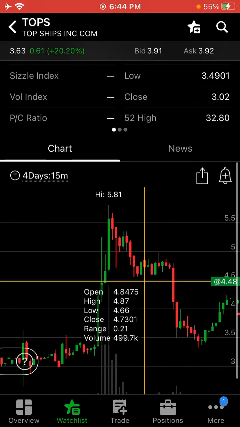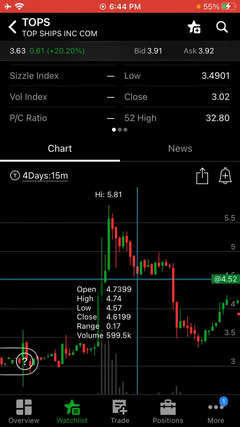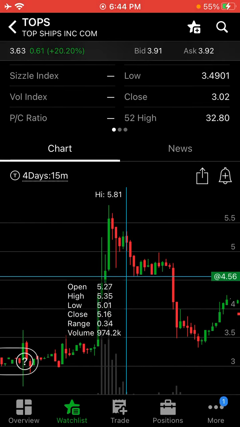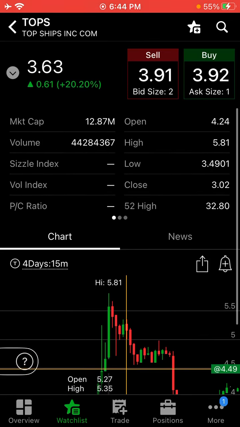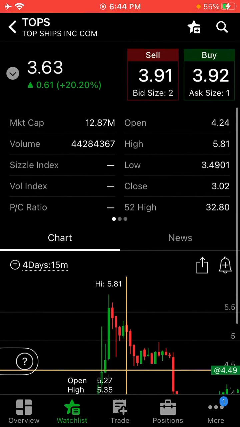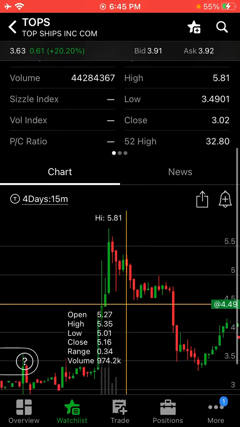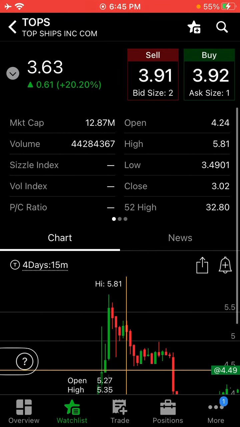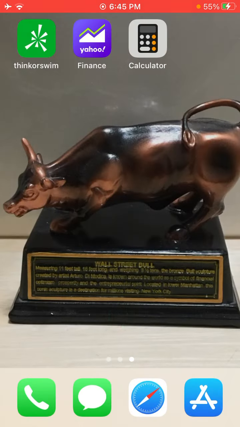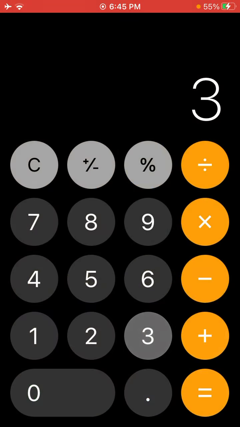And so now I want to get the market cap value at 4.5. Right now it's showing the market cap value at the closing price, which is 3.65. I remember from yesterday when I looked at the shares outstanding, the shares outstanding was 3.5.